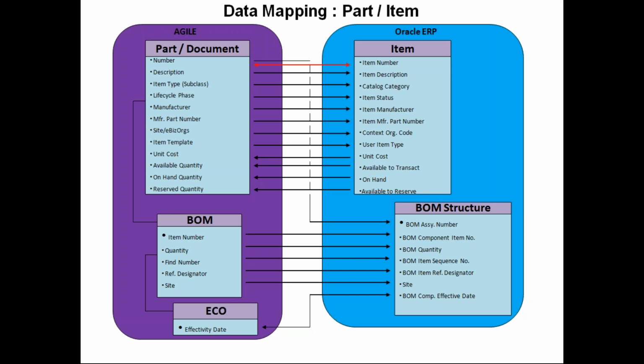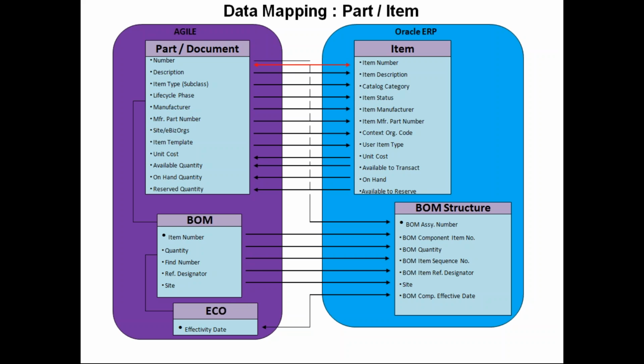Whether the inventory is on hand and available to transact and available to reserve are all things which are relevant to Agile, but for which the Oracle ERP system would be considered the system of record, if you will. So these are areas where we need to see synchronization. Some of this is best handled in a one-time data flow. Others are going to be more dynamic and event-driven.